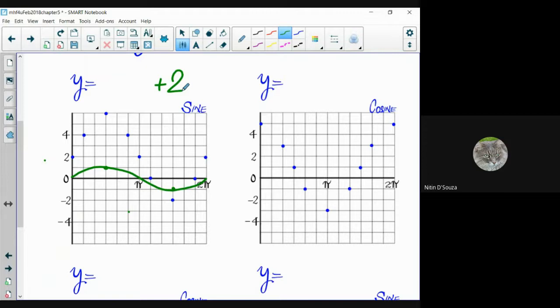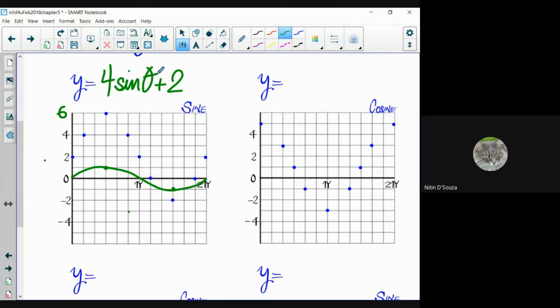Now, it's been moved up from 2. What's the amplitude? So here are the zeros, correct? It goes from 2 to 6. So that's an amplitude of 4. So here's the thing. You see the 4?